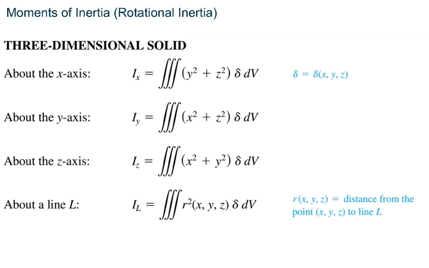In more layman's terms, the moment of inertia measures how difficult it is to change an object's current rotational speed. So if something is completely still, what rotational force do you have to apply to get it moving?